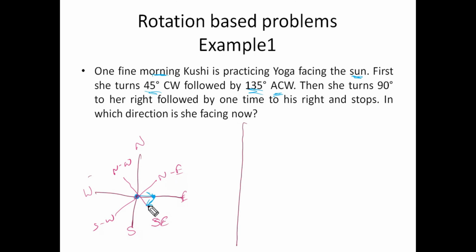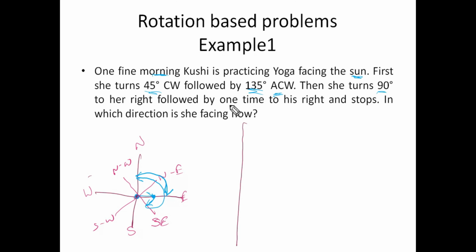135 degrees anti-clockwise. 135 is nothing but 90 plus 45. So from here to here it is 90 degrees plus 45 more. So now she is facing north direction. And then she turns 90 degrees to her right. Right is nothing but clockwise. In the clockwise direction it is 90 degrees again. So from here 90 degrees in the clockwise direction.